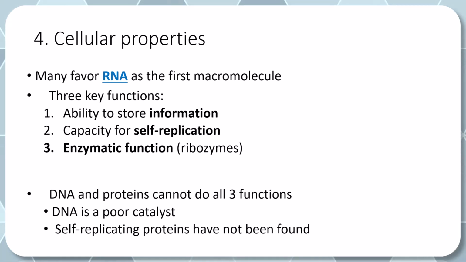So many favor RNA as the first macromolecule because it can do all of those things. DNA and proteins can't do all 3 functions. DNA is not a good catalyst at all, and we haven't found any self-replicating proteins. So we think the first biologically important macromolecule was likely RNA.